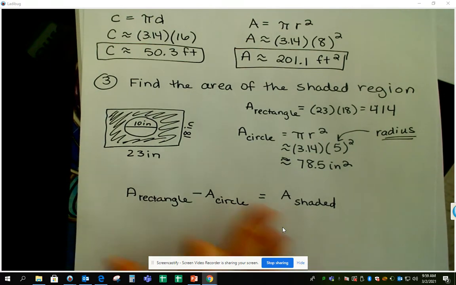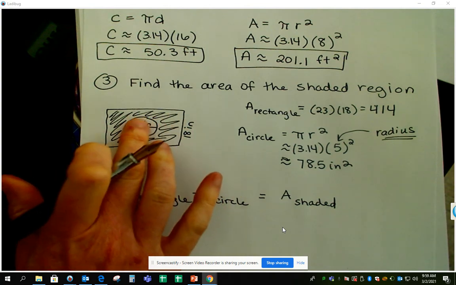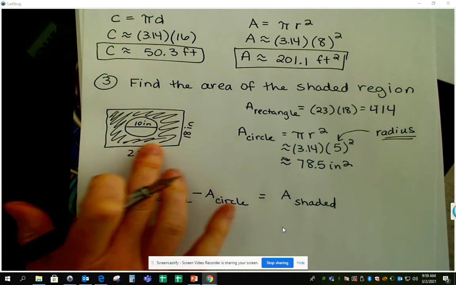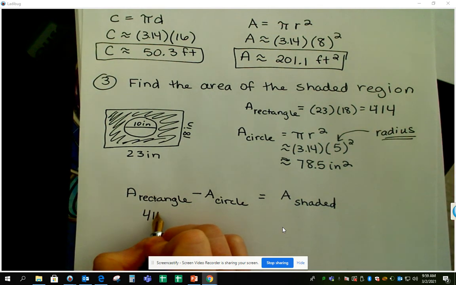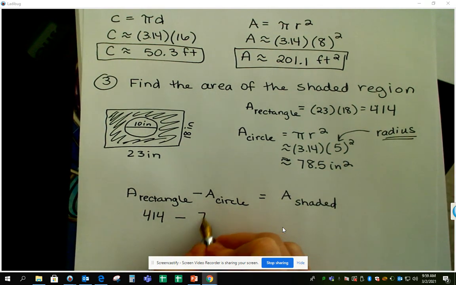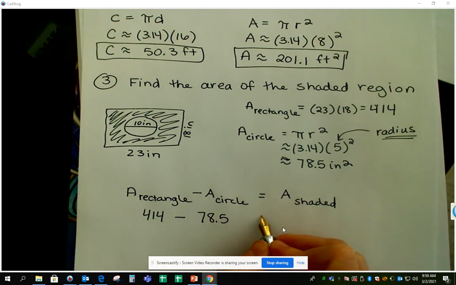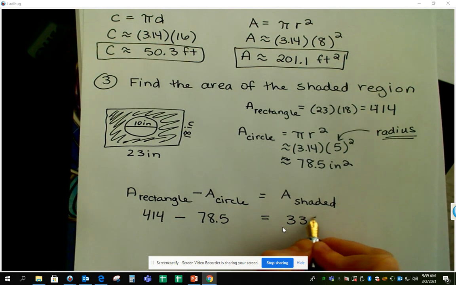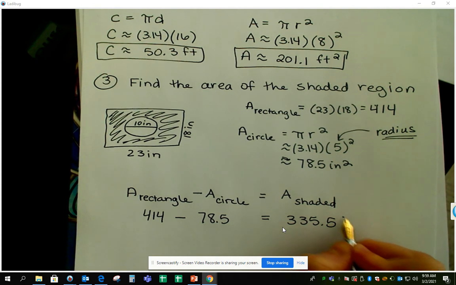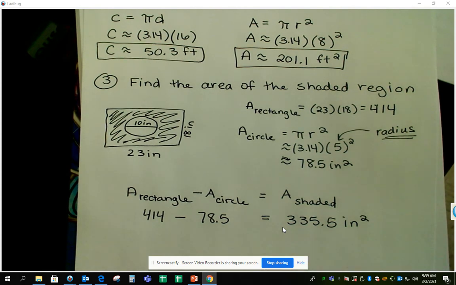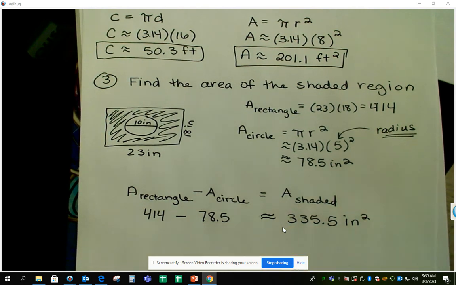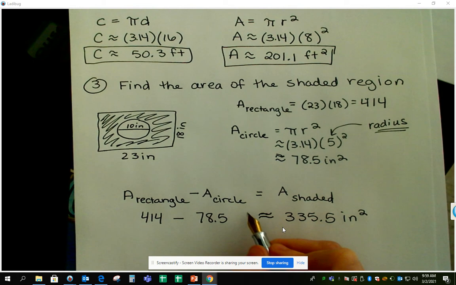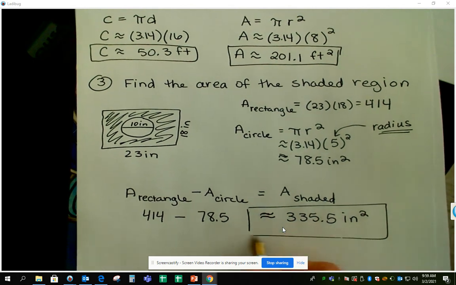Okay, so again, I'm taking this whole area and I'm just subtracting out the circle so that I get what's left over. So the area of my rectangle was 414. The area of my circle was 78.5. When I subtract them, I get 335.5 inches squared. And given that this was an approximation, this is also an approximation because we didn't have an exact value. So the shaded area is approximately that.